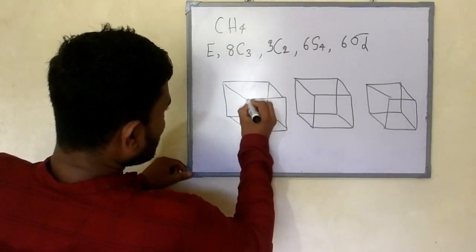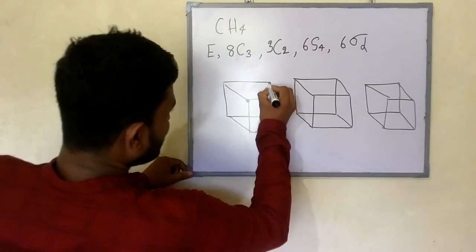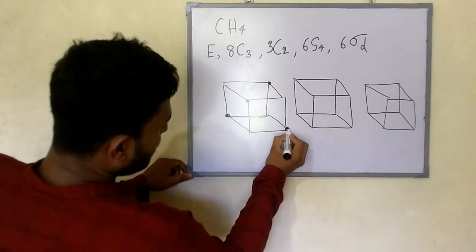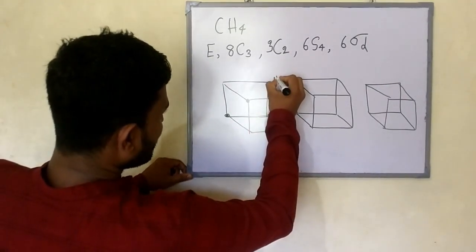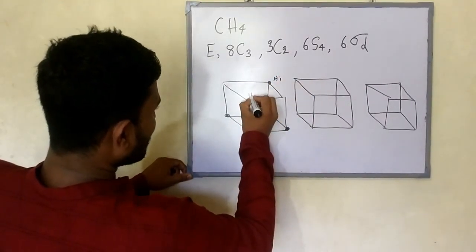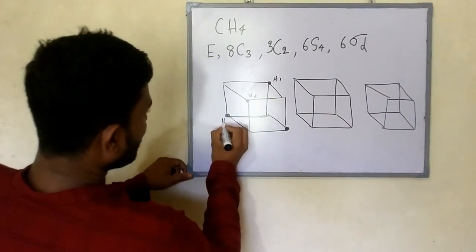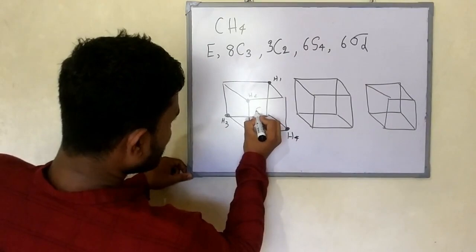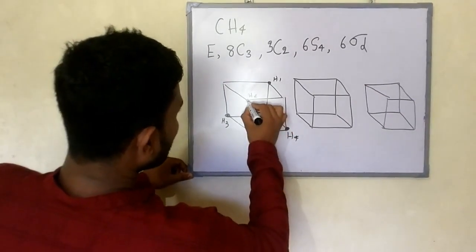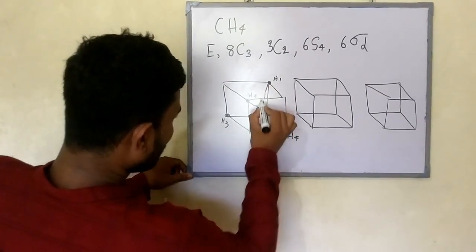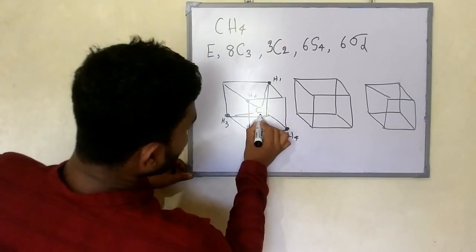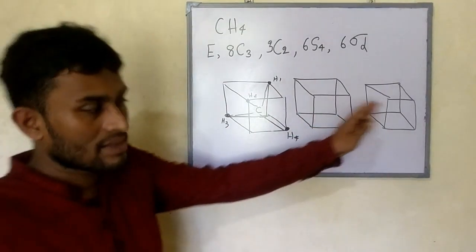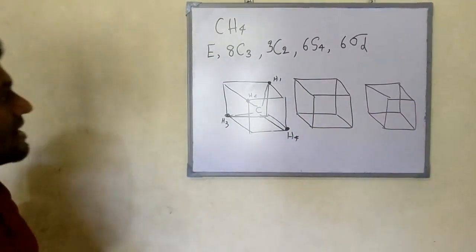So this is your one hydrogen atom, this is your another hydrogen atom, and this is another one, another one, H1, H2, H3, H4. This is your carbon atom, and likewise the molecule is going to appear. So in this cube also we can write like this.